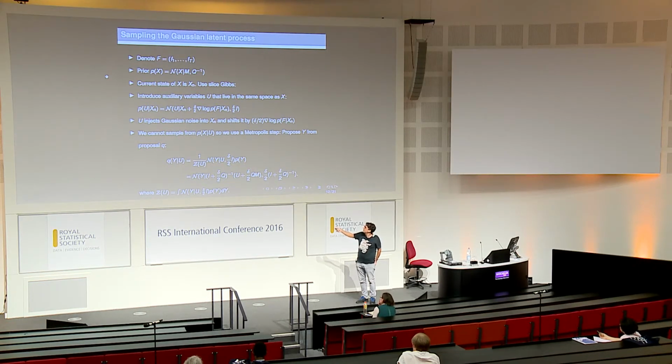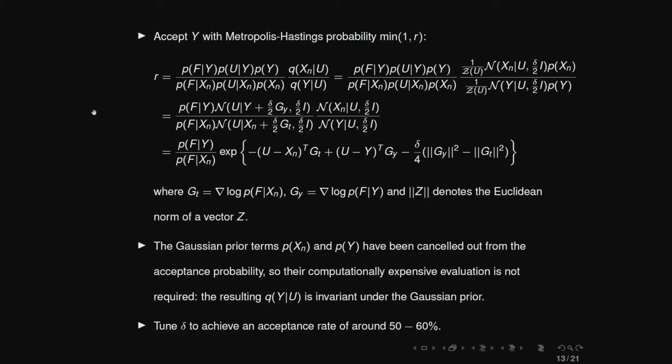Because it's huge. Now, the other interesting thing, and I will not go through the calculations, is that when you do the acceptance-rejection ratio, you end up with something like this, which has the ratio of the two likelihoods, but does not have the prior. So the prior has disappeared. This proposal is invariant to the prior. When you do the calculations, you will see that this is very important, because this is a prior on 1 million dimensions.